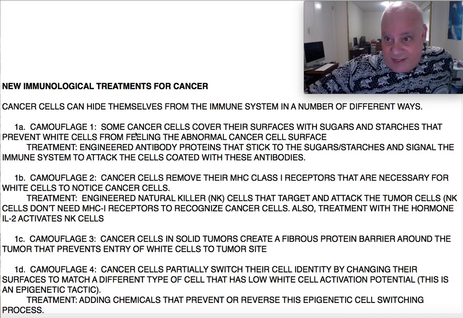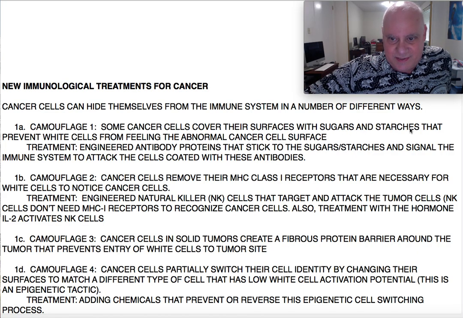So it turns out a lot of cancers have this protection. Their sugar and starch genes are dysregulated, so that they produce lots more than normal amounts of these normal sugars and starches, and they can cover their surfaces with them, and it makes them look like just a normal, everyday, harmless cell. Turns out that we have chemicals that will normally coat these sugars and starches.